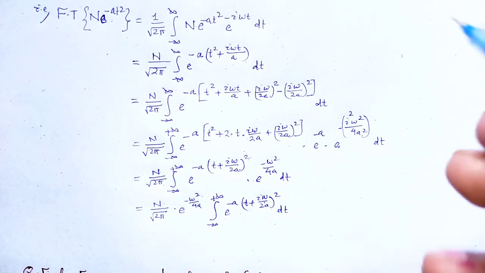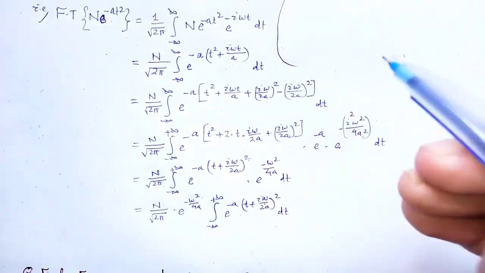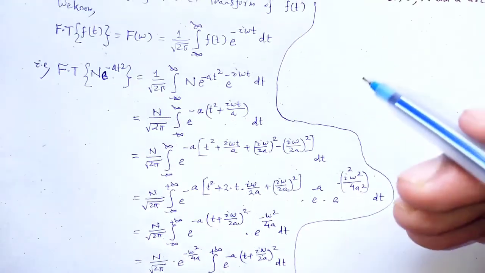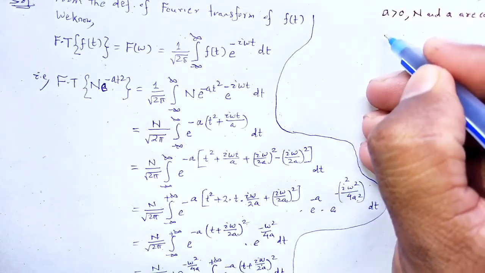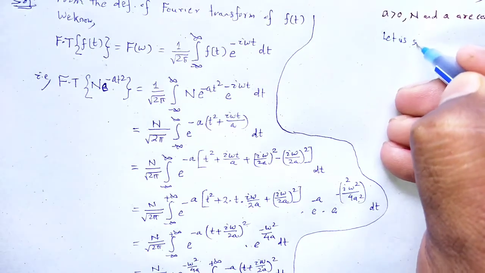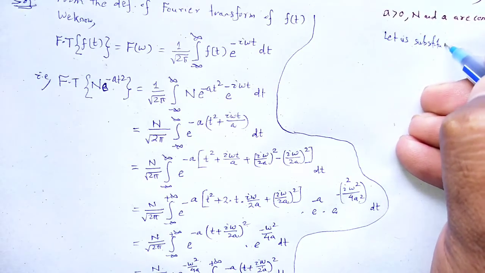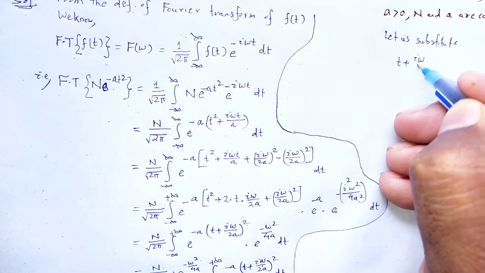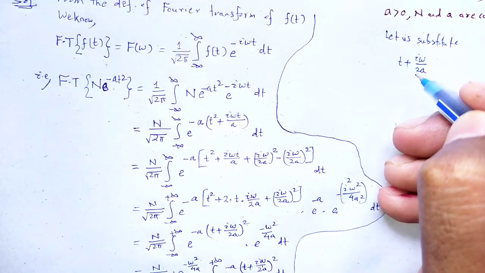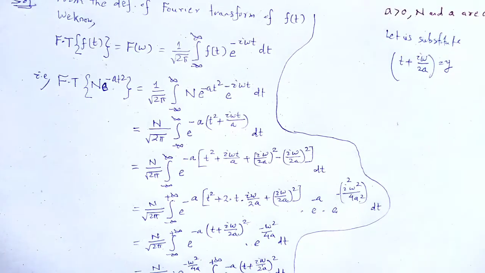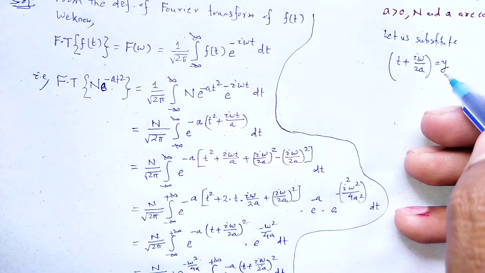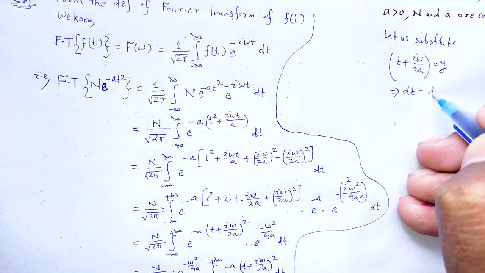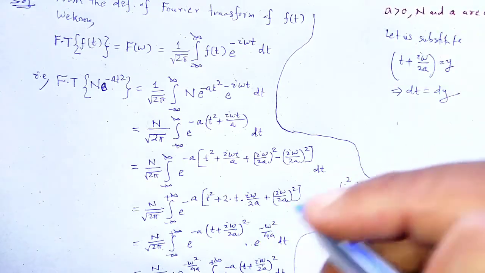So we have to substitute. Let us substitute t plus i omega divided by 2a is equal to y, which implies, differentiating, dt will be dy, another term being constant, there will be 0.